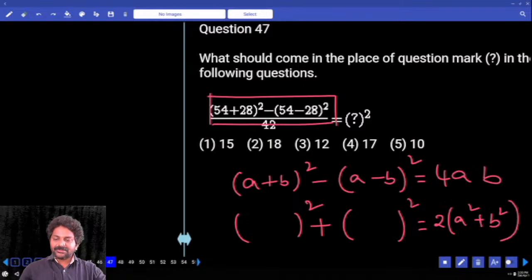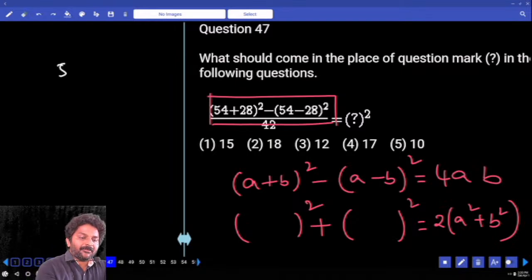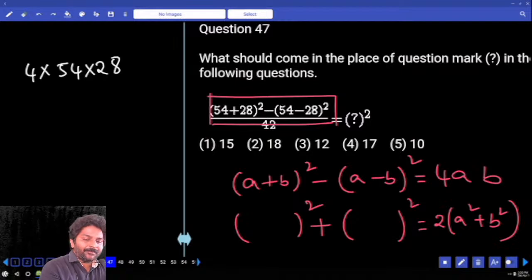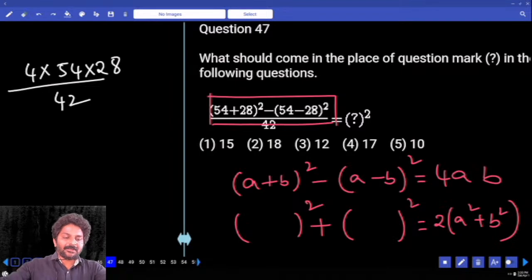So now how much do you get? 4ab. What is the a value? What is the b value? Now it is 4 into ab only, divided by 42.